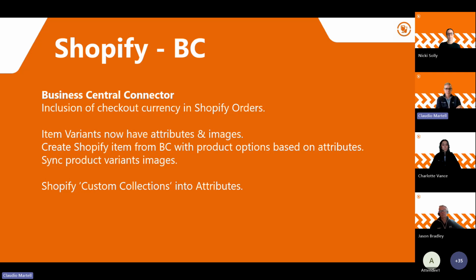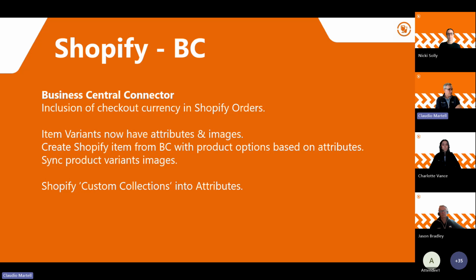So they're trying to merge the two systems a bit more. In the past, people had to create the items just as a technical thing, and then go into Shopify and create all the attributes, all the tags, and all the pictures. With this, you've got a bit more flexibility there, although I don't think it'll ever be as good as doing it completely in Shopify, because that's not what BC does.